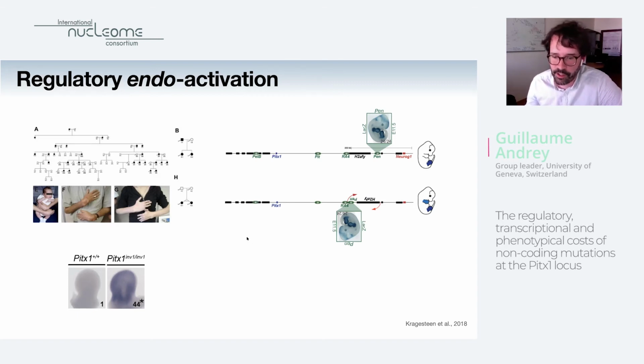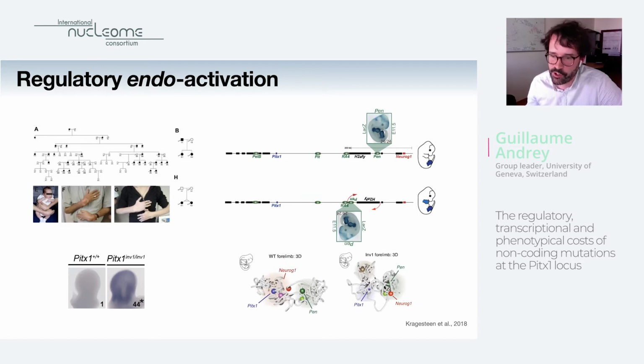And this is due to a change in the structure, because not only does Pitx1 come closer to the Pen enhancer, but also the entire 3D structure of the locus, here modeled by the Nicodemi lab, by the way, is changing.